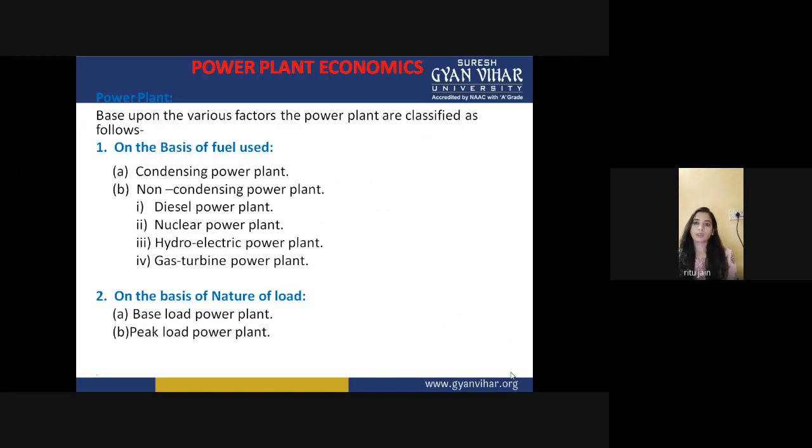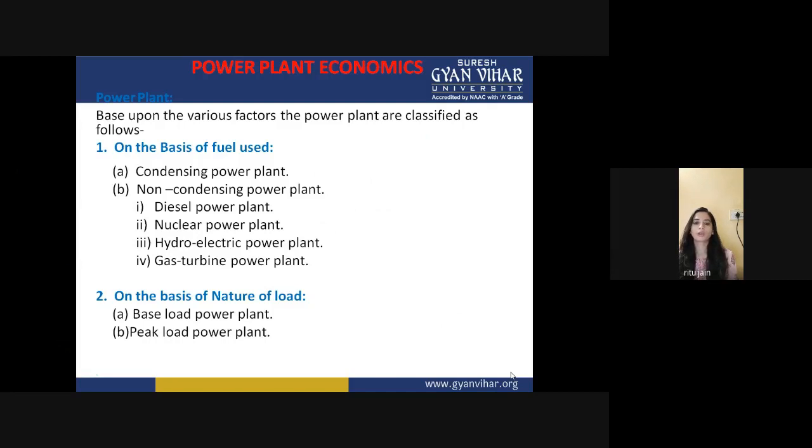That is your condensing power plant. A non-condensing power plant depends totally on fuel like diesel, nuclear, hydroelectric, and gas turbine, in which you are not heating any water or making steam to generate electricity. So on the basis of fuel, we can divide these power plants.